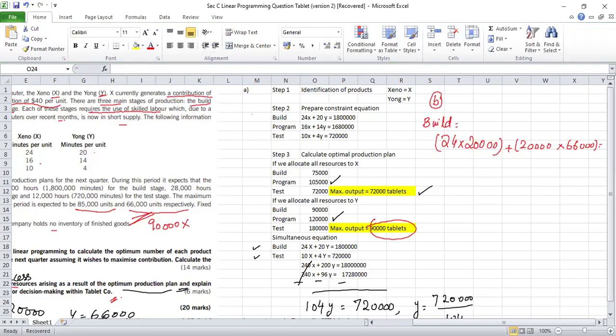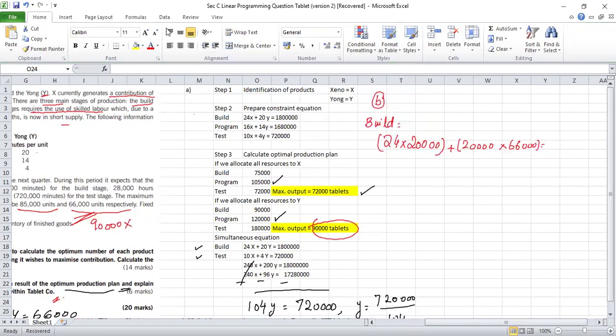So multiply these values and we will add up. 24 into 20,000, it is 480,000 plus 20 into 66,000, and then add 4.8 million.